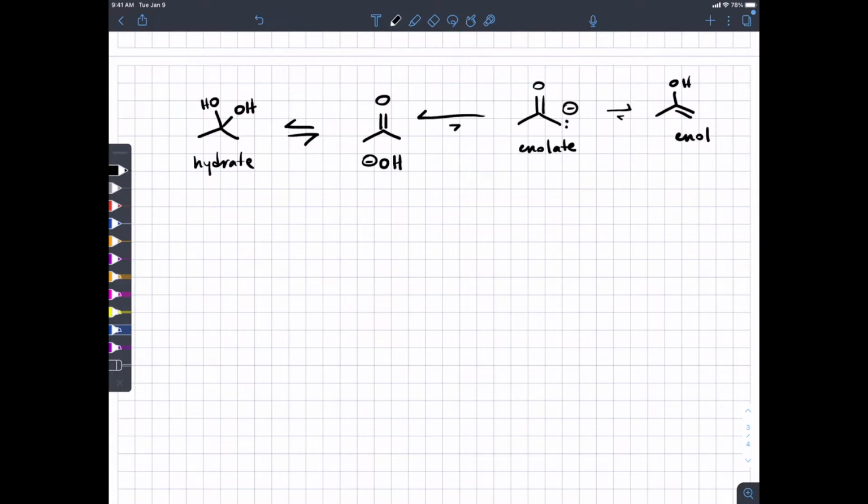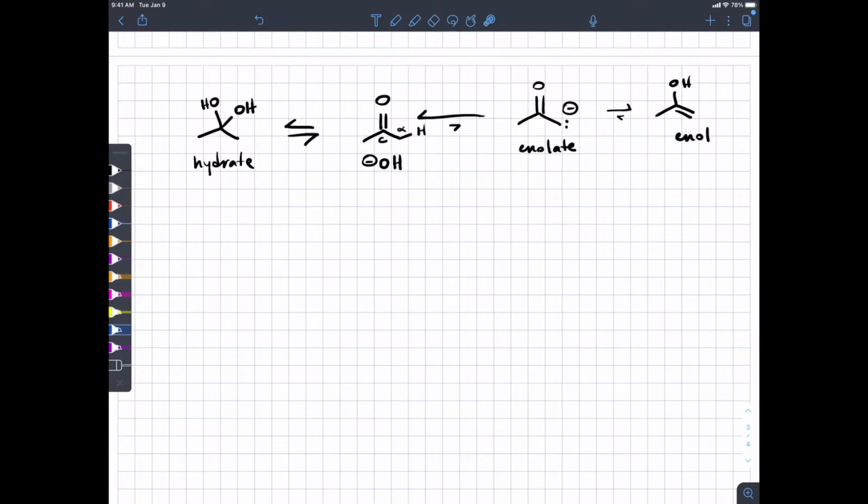With me so far, all of that look vaguely familiar, things that are going on. If we make the hydrate, we get the hydrate from attack at the carbonyl carbon. We get the enolate and ultimately the enol from attack of OH at the alpha proton, right? Okay. So, and then we've seen, okay, if we introduce an alkyl halide, we can take this enolate and alkylate it at the alpha carbon.